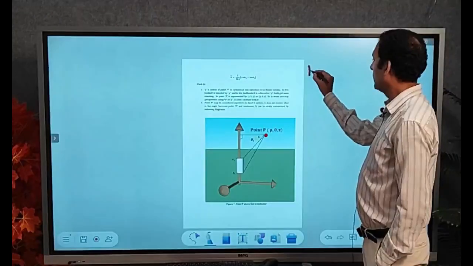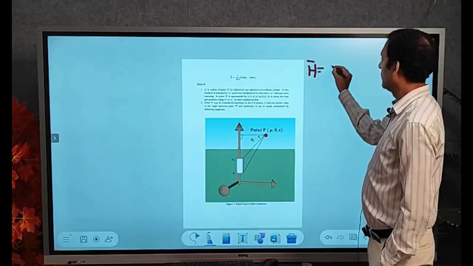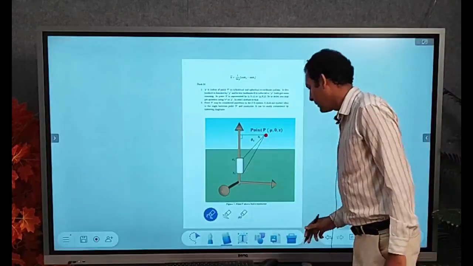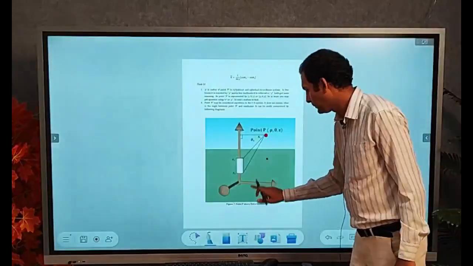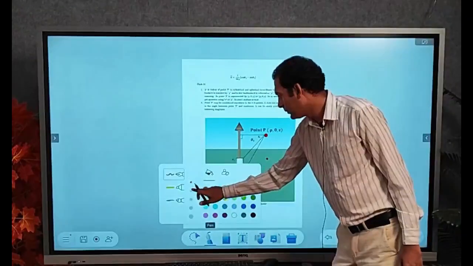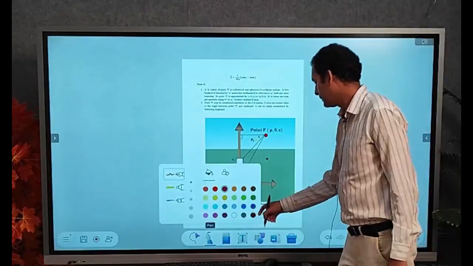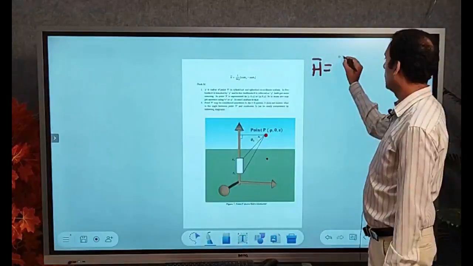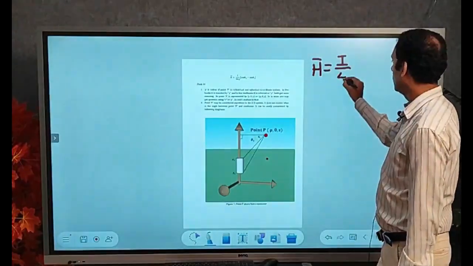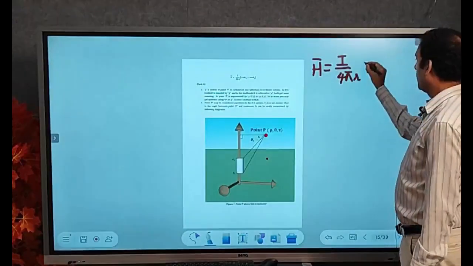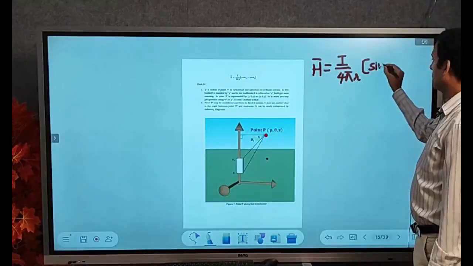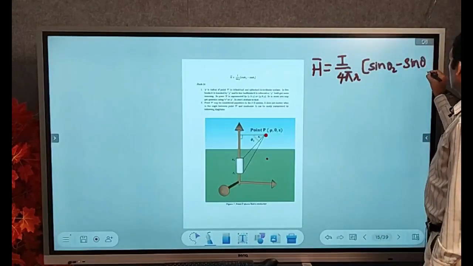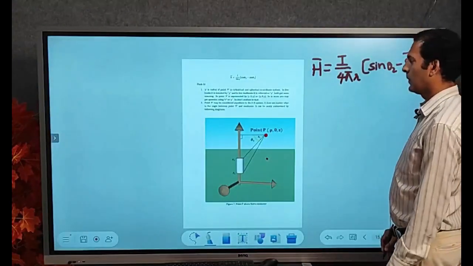So the final result is H bar equal to I by 4 pi r, sin theta 2 minus sin theta 1.